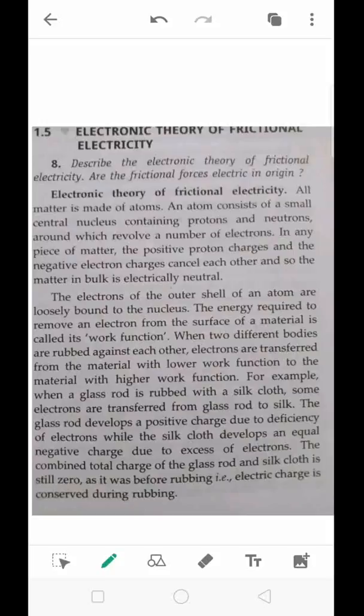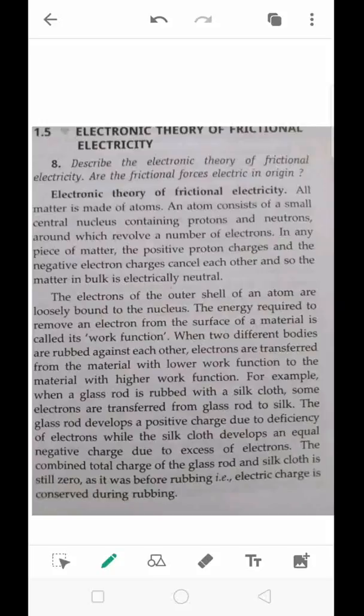So the combined or total charge of the two objects is still 0, and it was the same before rubbing as after rubbing. That is, the total electric charge before rubbing is equal to the total electric charge after rubbing. This shows that charge is conserved. What is meant by conservation of charge?